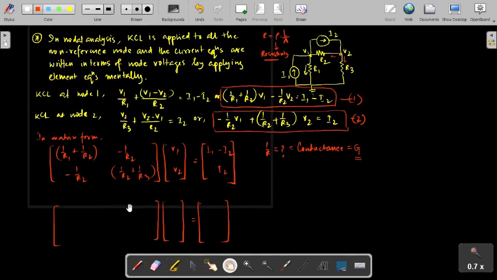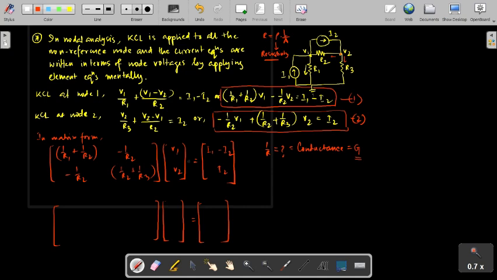We have already done the matrix formation using equations 1 and 2. Now we will see the analogy that we get directly from the circuit diagram.